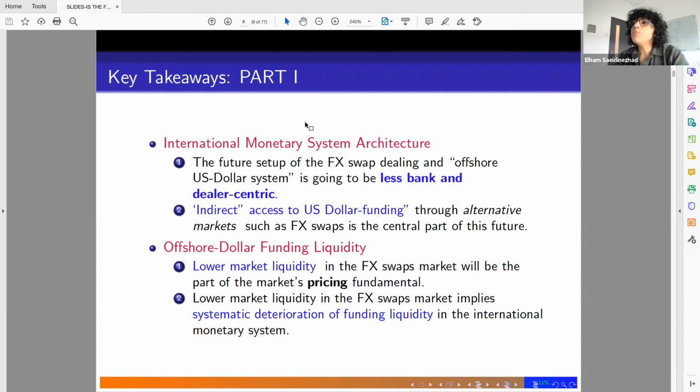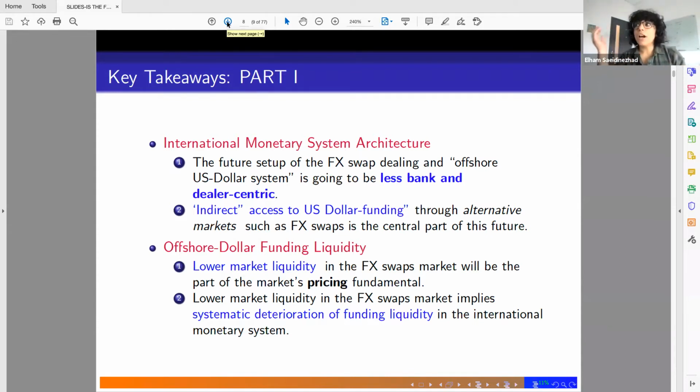So in terms of the offshore dollar funding liquidity, I think in the future, lower market liquidity in the FX swap market and also lower funding liquidity in the US dollar funding market is going to be an important aspect of this structure.